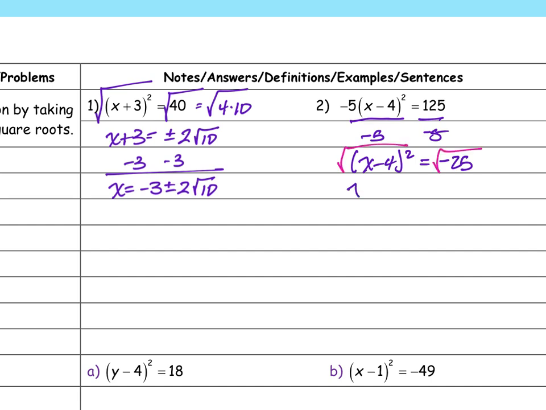So that gives me x minus 4 equals plus or minus 5i. And I'm going to add 4. So x is going to equal 4 plus or minus 5i. You okay with that?